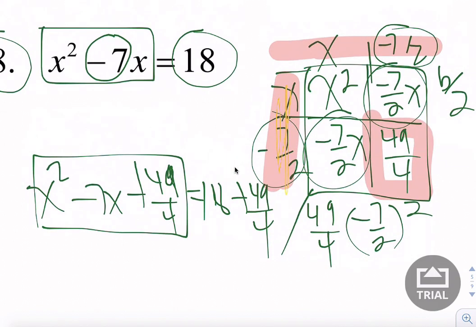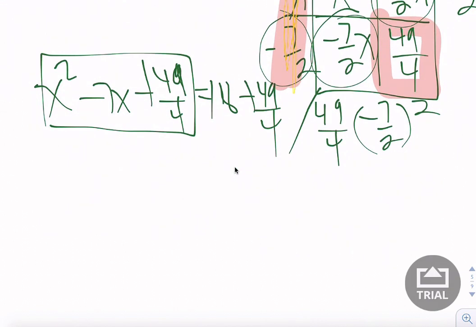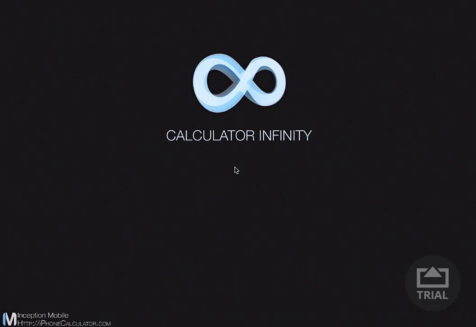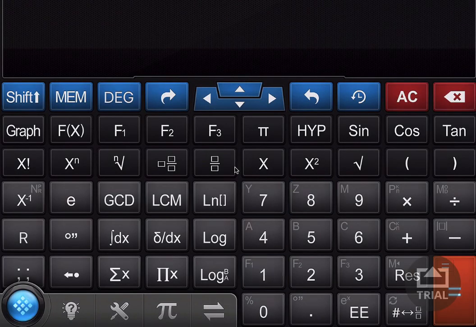So that makes for a perfect square. x minus 7 over 2 squared equals, now if you have a calculator, 18 plus 49 over 4, you can do it with a calculator. You can even do 49 divided by 4 and you're going to get a decimal. And then again, you should have a button on your calculator that can take you back and forth. It's 121 over 4.